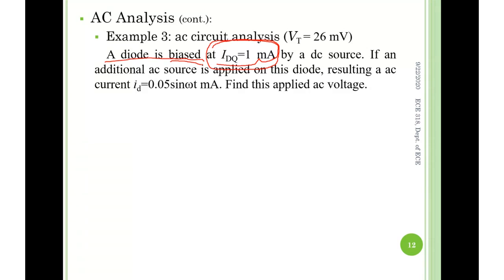All of these statements mean the same thing, which is the DC result. Keep this in mind. So it's biased at this Q point, which is 1 milliampere of current through the diode. So this is telling you what? This is the DC result, right? This is nothing but the DC result.